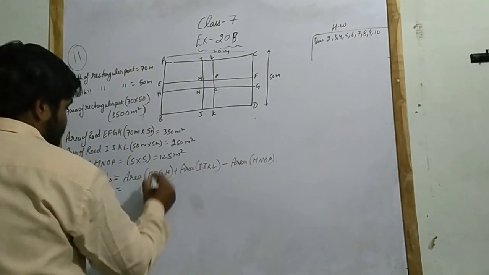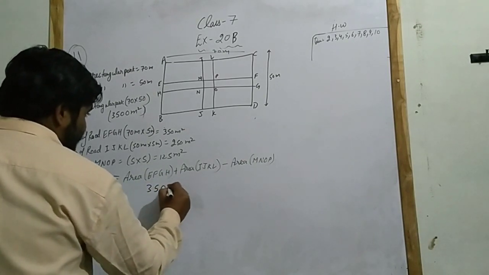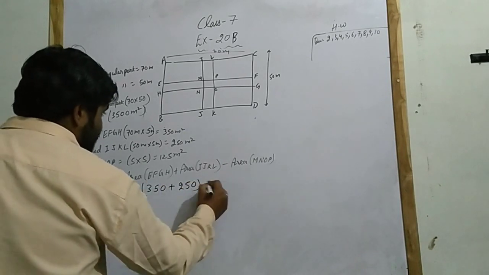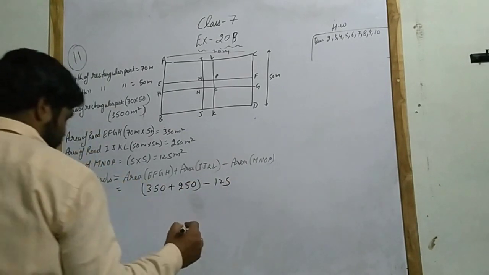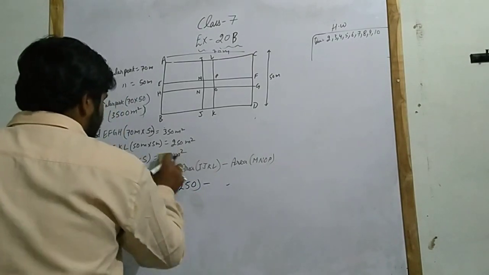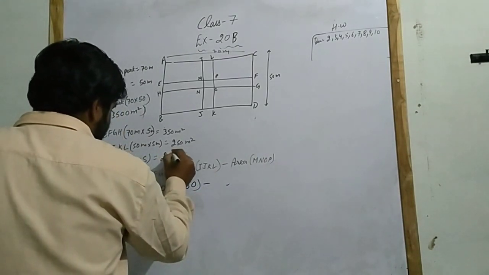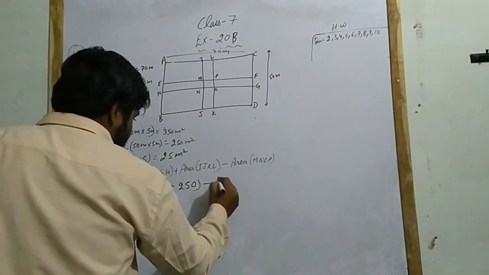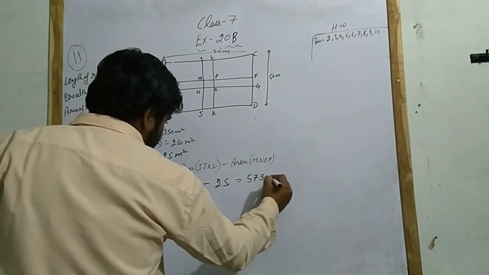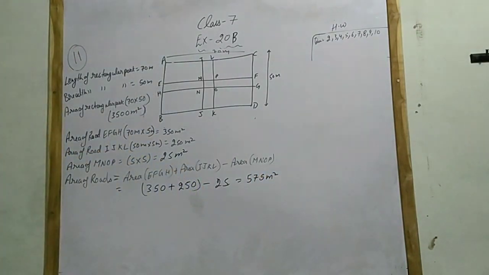Area of EFGH is 350, plus 250, then minus 25. 5 5s are 25, here is a mistake. 350 plus 250 minus 25 equals 575 meter square.